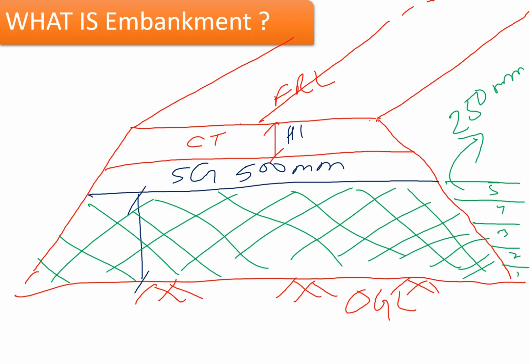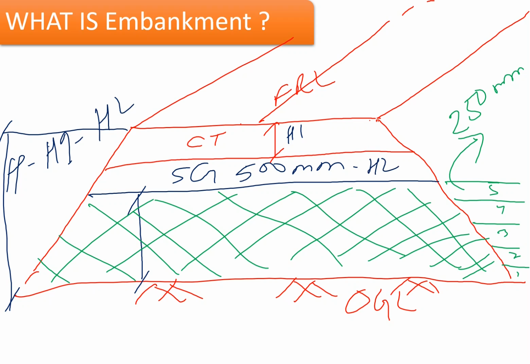So if this is your total height, capital H, minus H1 minus H2, the subgrade height, this will give you the embankment height, which is called EH. This is how we can calculate the height of the embankment.